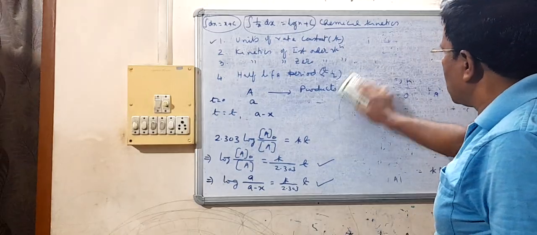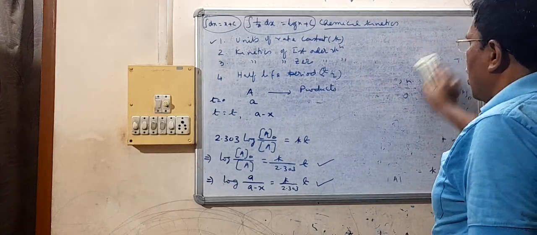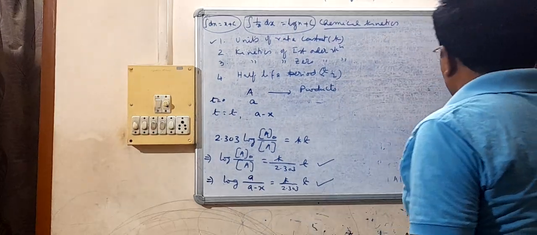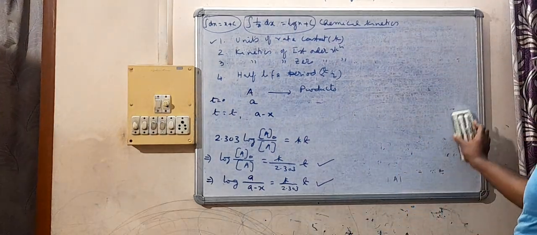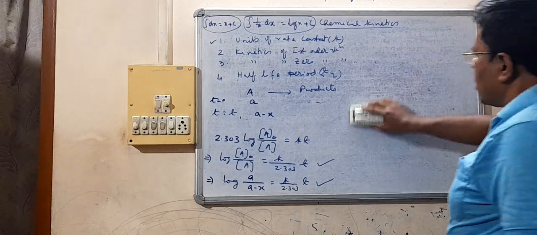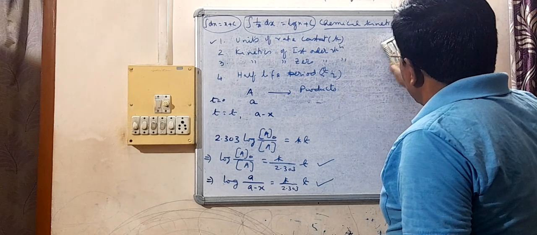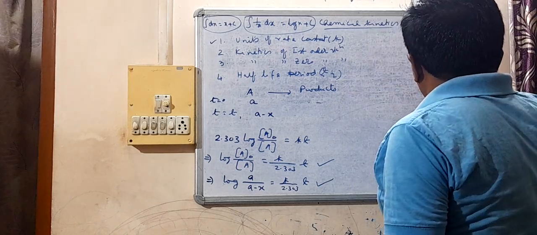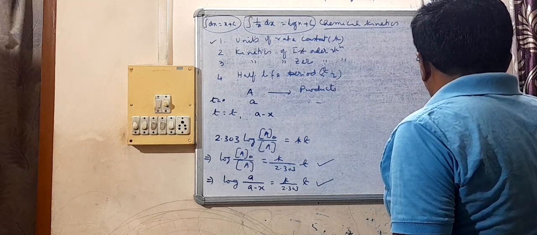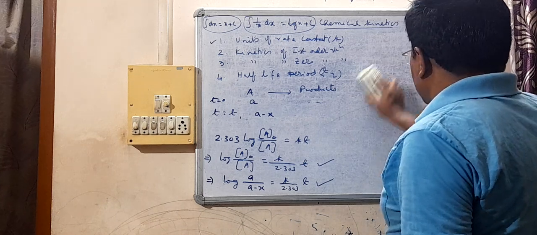So now let us talk about half-life period. Half-life period is represented by t half. What is half-life period? It is the time for half completion of the reaction.